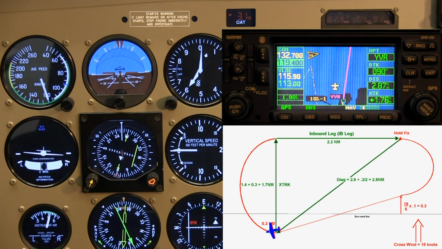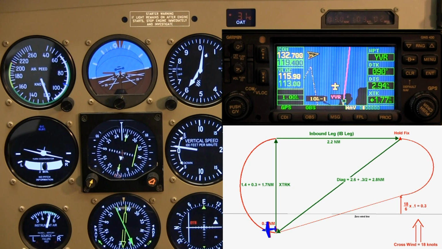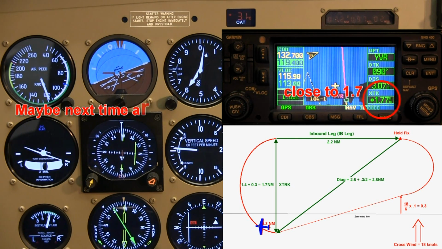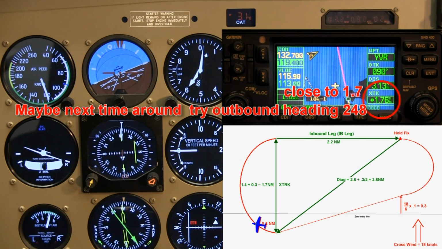There's 2.8, and I roll into the turn. Cross-track was roughly 1.7, so it should work out well.